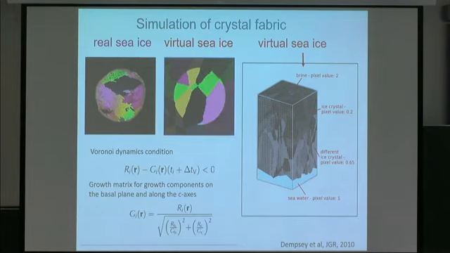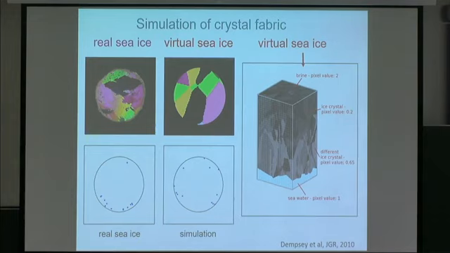We can color them, and then we can just make our simulation look like our real sea ice. So these little dots on the plot are representing the crystal orientations, and all we're looking for is a statistical similarity. So that's just illustrating that that works.